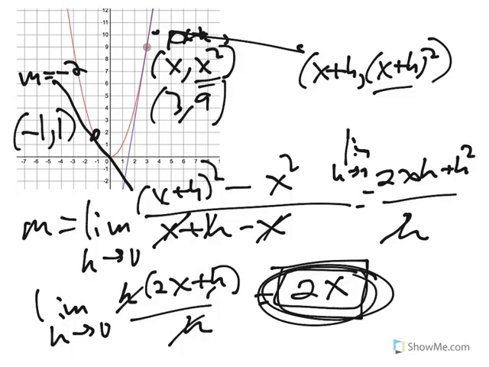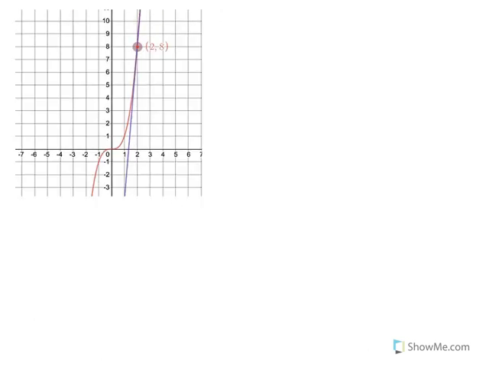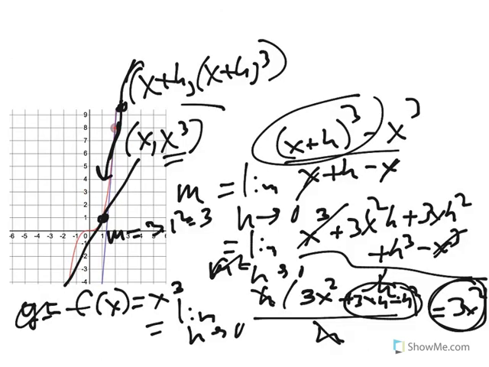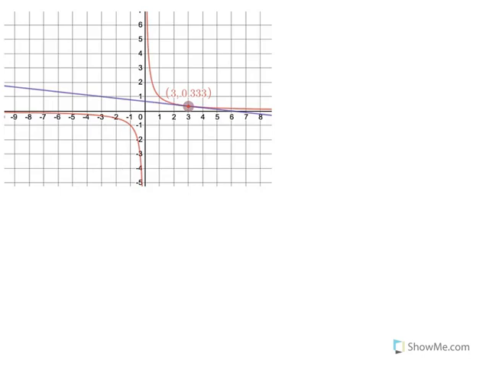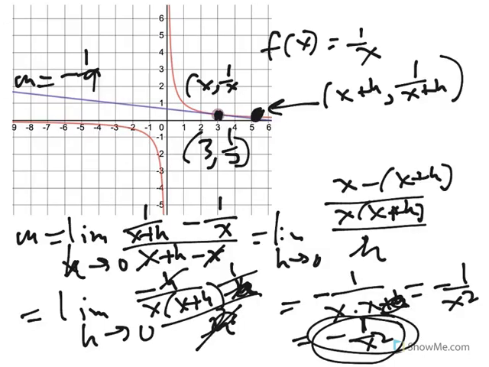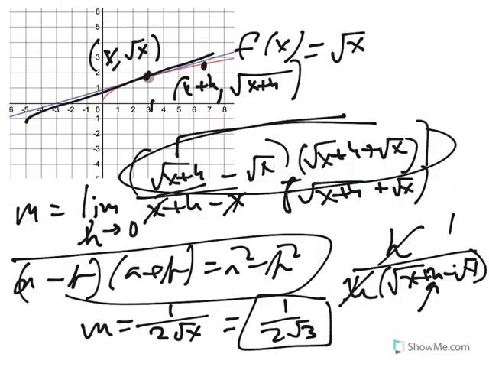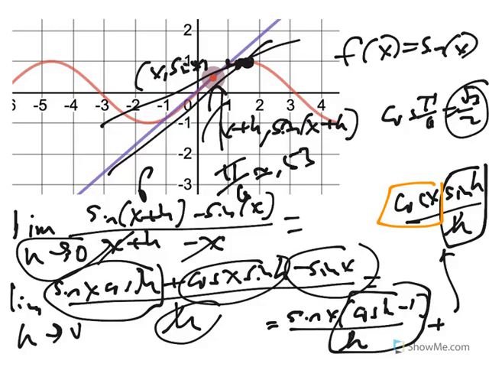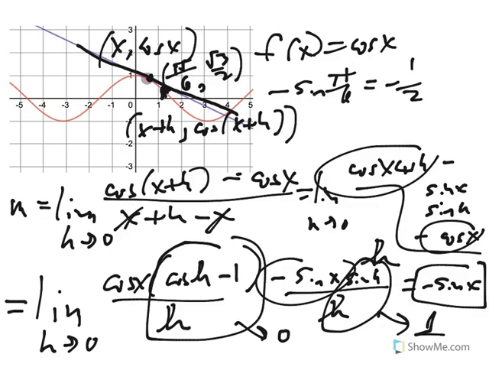But even more powerful is to do it with general x comma x squared, or in this case, x comma x cubed. That way you end up with a formula that allows you to find the slope of the tangent line at any point on the curve. Now there are other curves besides these ones, but these are the sort of easiest ones to do, so we do it here in pre-calculus. Okay, that's it.